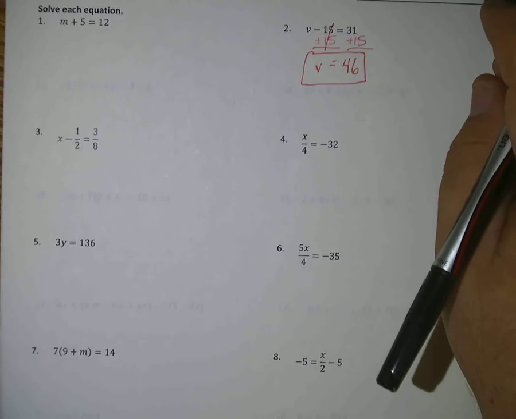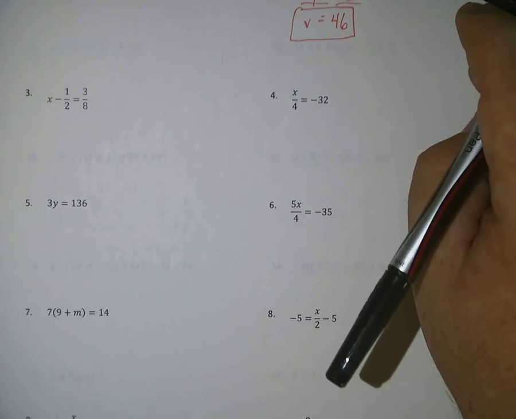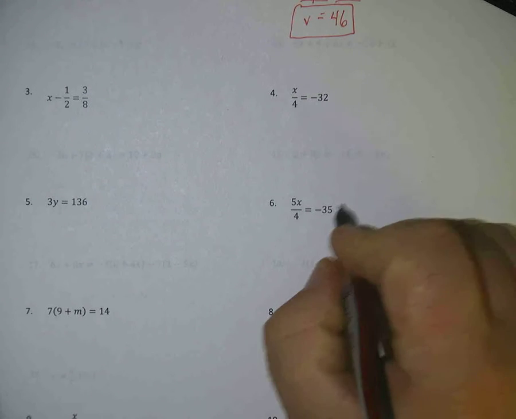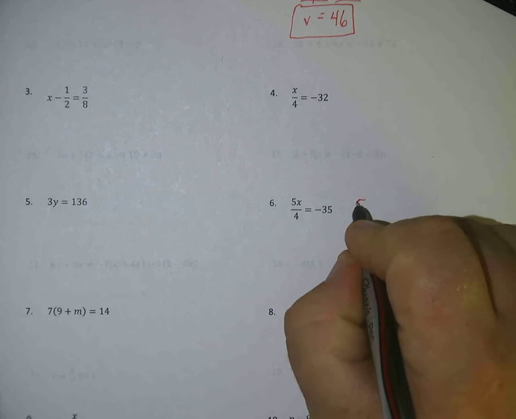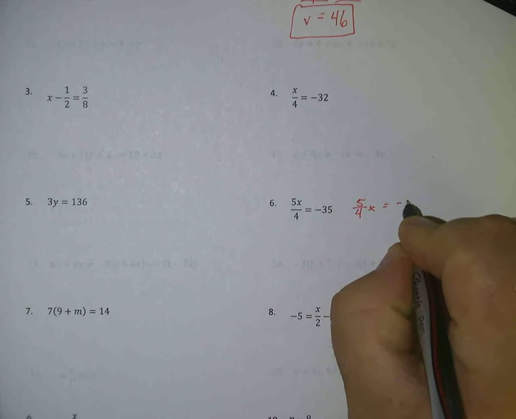Let's go ahead and skip down a ways. Let's go to number 6. Now, number 6 can either be seen as a one-step or a two-step equation. If you want to, you can say that it's 5/4 x equals negative 35.